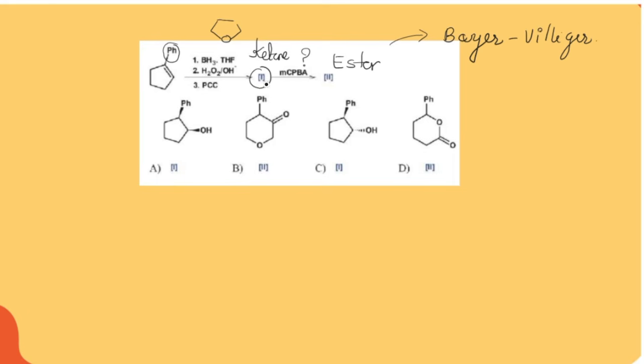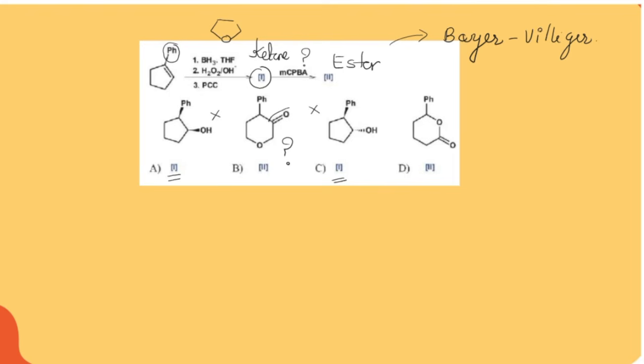So 1 as a ketone. Do we have 1 as a ketone here? No, it's given as alcohol. That's why it cannot be A or C. Now 2, both of them are given as cyclic molecules. But is this an ester? No, this cannot be an ester because oxygen is not directly attached to the carbonyl carbon here.